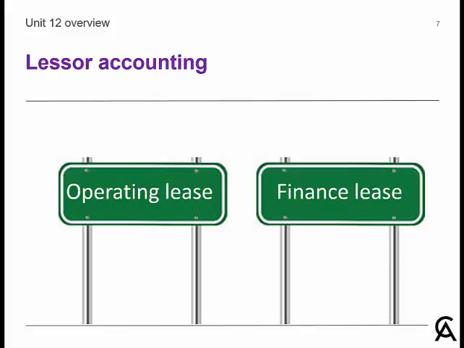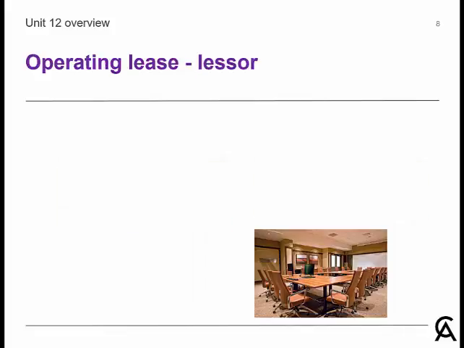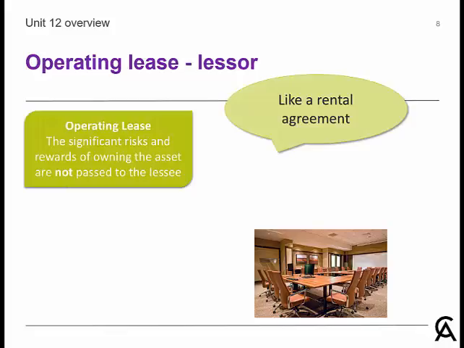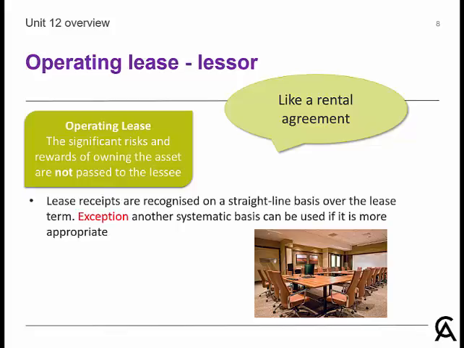An operating lease is a lease other than a finance lease, where the lessor retains substantially all the risks and rewards incidental to owning that particular asset. So an operating lease could be, for example, where a lessor owns an office building and effectively rents it out to a lessee. So in this situation, the significant risks and rewards of owning the asset are not passed to the lessee.